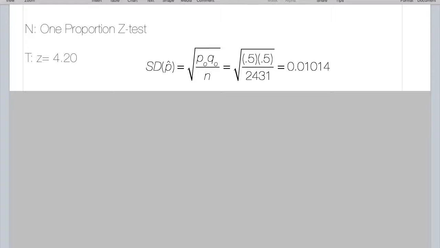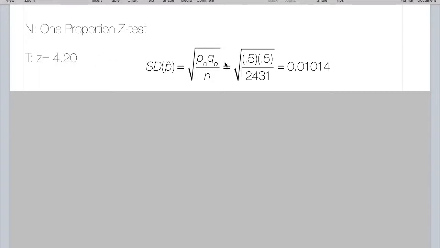And immediately, if you remember what you know about z-scores, that z-score is very large. Any z-score over 3.5, you would consider really, really big, or really small if it's on the negative side. In this case, we have a standard deviation, which is here. That standard deviation is used in calculating my z-score.